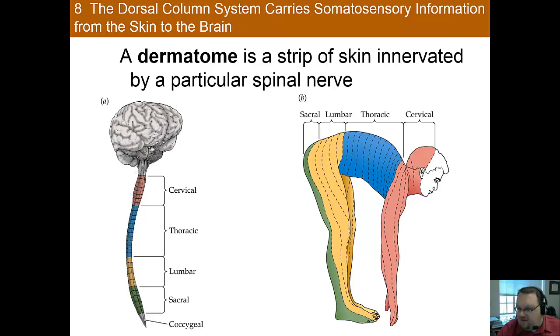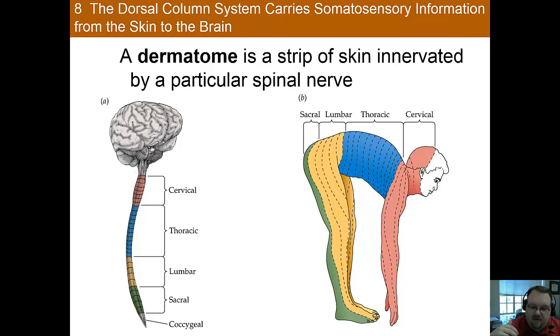But what you can see is that each dermatome really does line up with where those sensory axons are connecting to the spinal cord. So what this means is that sensation at different portions of the body connect to the spinal cord in different places. And this, of course, has significance in reference to spinal cord injuries.